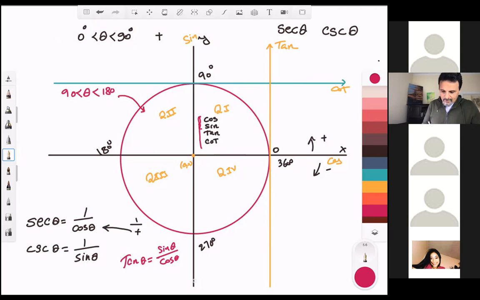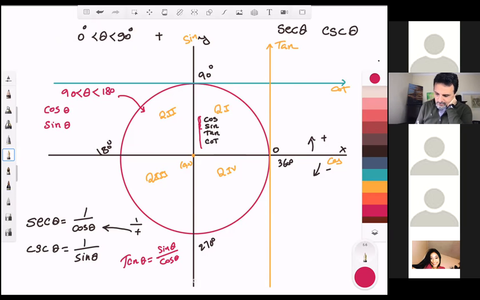What is the sign of cosine? What is the sign of sine? Is cosine positive or negative? Yvette. Cosine is negative. Very good.